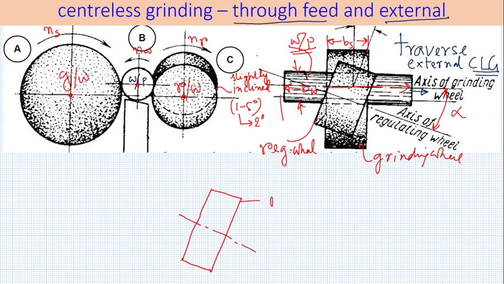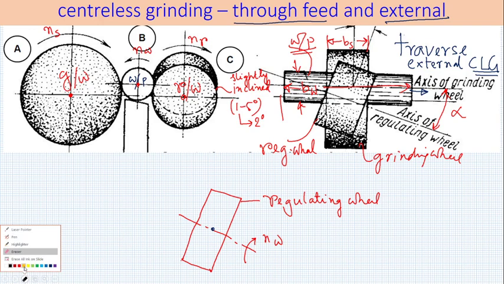So this is my regulating wheel, which is rotating in this direction with NW. If I draw its peripheral velocity at the center, at this particular position, the peripheral velocity would be in this direction.